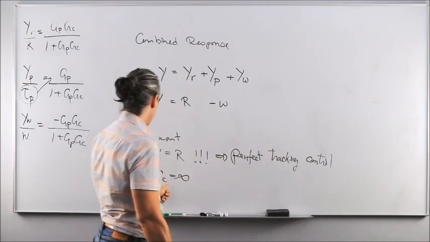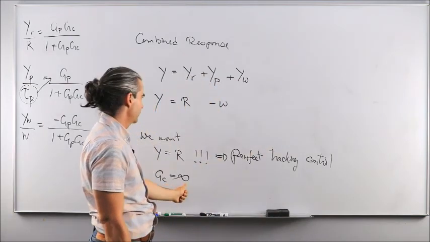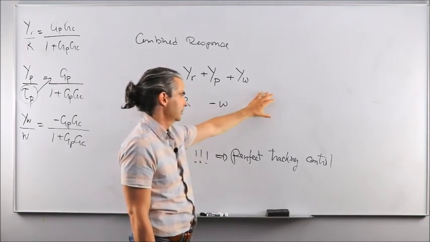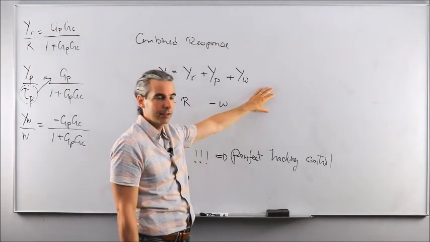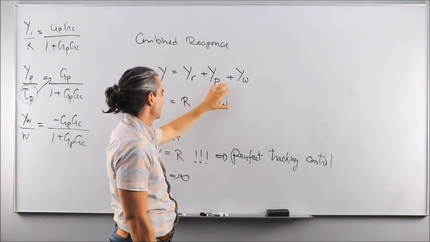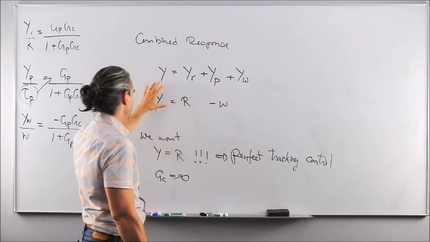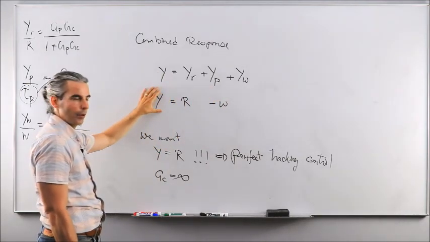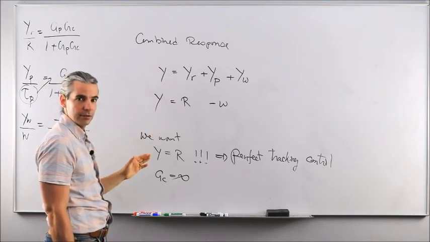Here, through the choice of controller transfer function to be infinity, we've been able to cancel the effect of the perturbations affecting the plant, yet the noise is still going to be present in the overall output when all three inputs are considered. Okay?